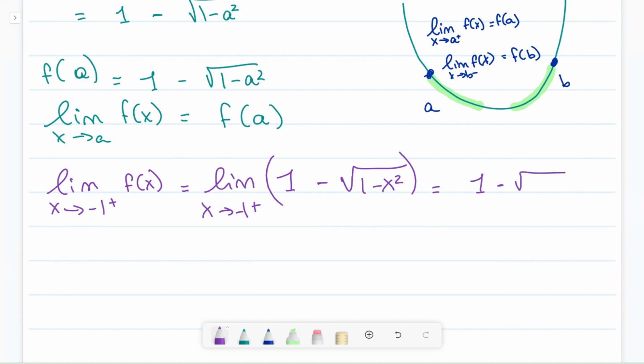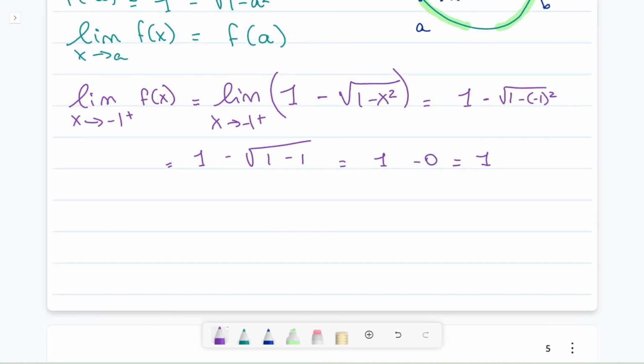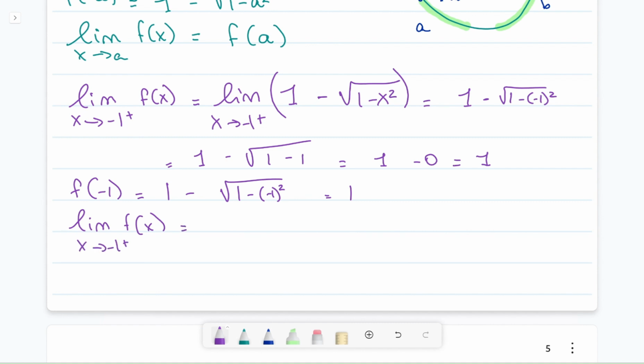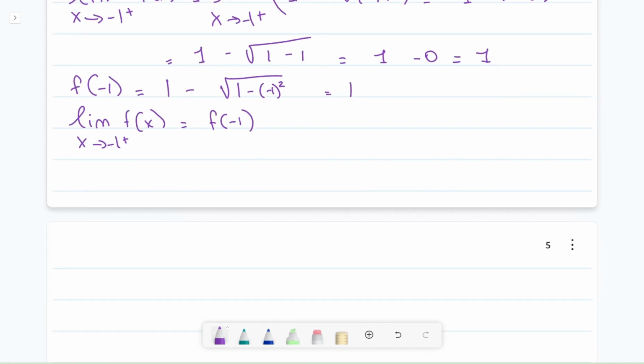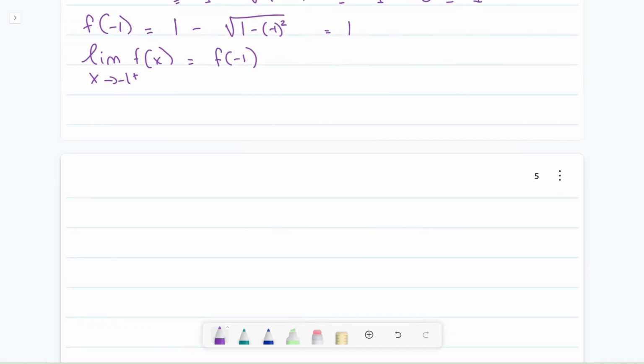We get 1 minus the square root of 1 minus negative 1 all squared, which is equal to 1 minus the square root of 1 minus 1, which is equal to 1 minus 0, which is 1. Now let's find f of negative 1. F of negative 1 is 1 minus the square root of 1 minus negative 1 all squared, which is also equal to 1. So the limit of f of x as x approaches negative 1 from the right is equal to f of negative 1. So we have dealt with the left endpoint.